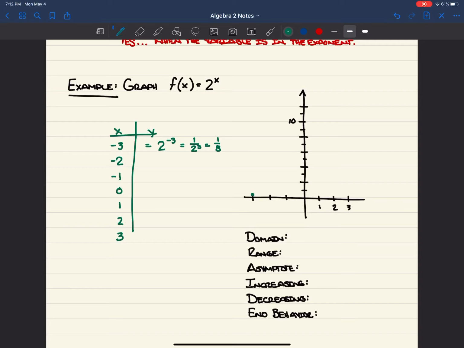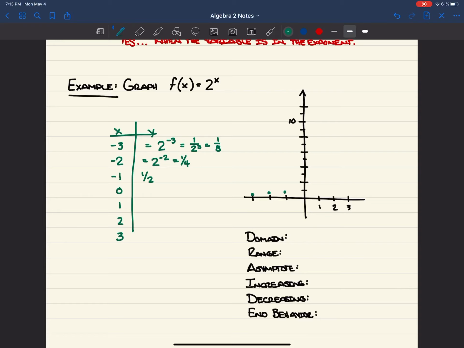Then we could plug in -2 and get 2 to the -2nd, which simplifies to 1/4. We could approximate that, and then plug in -1 for x, and we're going to get 1/2. So we could plot the point here, again approximating, about 1/2.